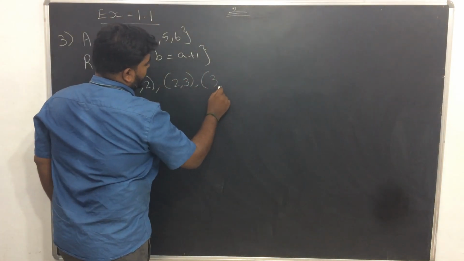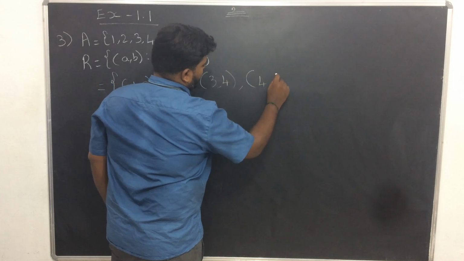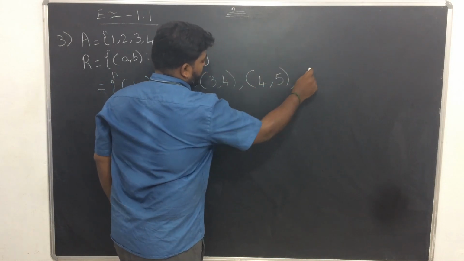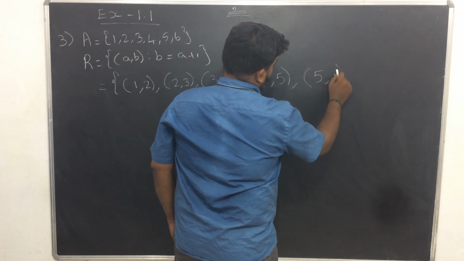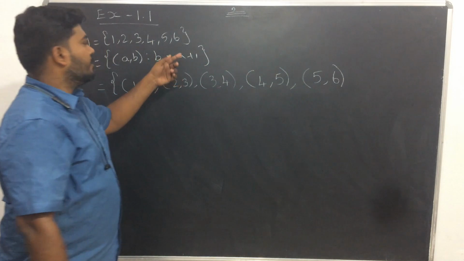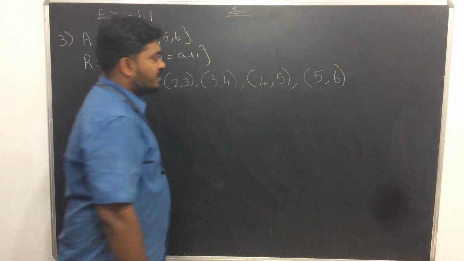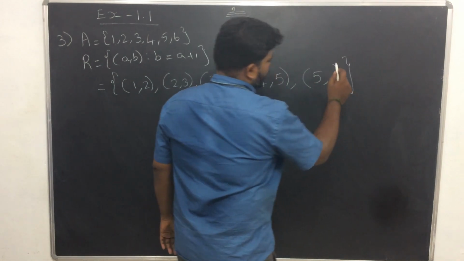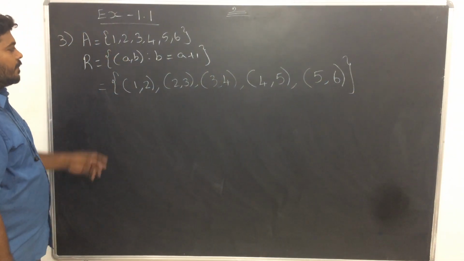If A is 3, then B will be 3 plus 1, that is 4. If A is 4, then B will be 4 plus 1, that is 5. If A is 5, then B will be 5 plus 1, that is 6. If A is 6, then B will be 6 plus 1, that is 7. 7 is not there in the set, so we will stop with 5, 6. So these are the values of R.